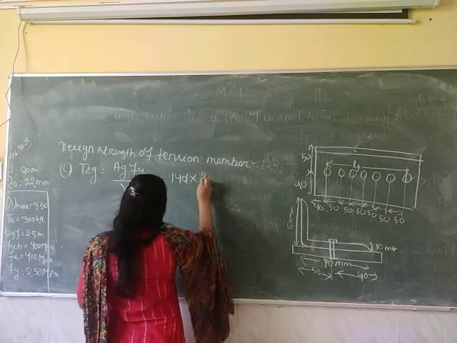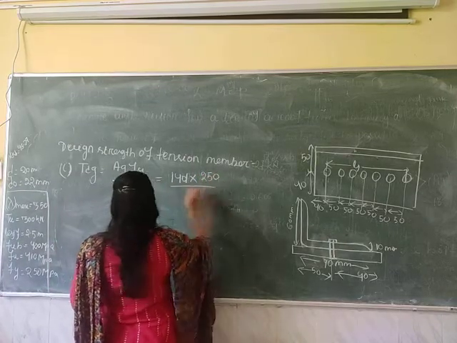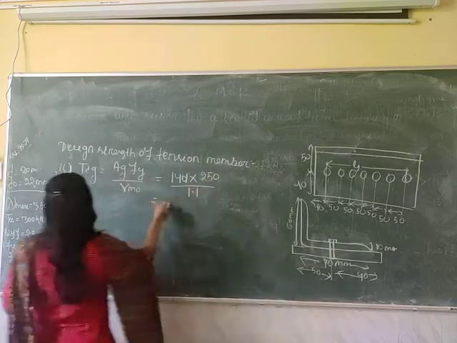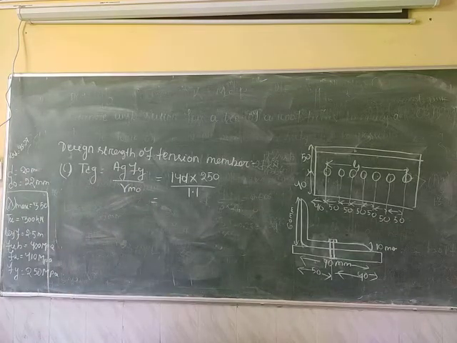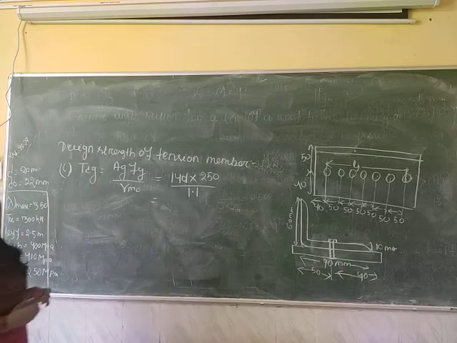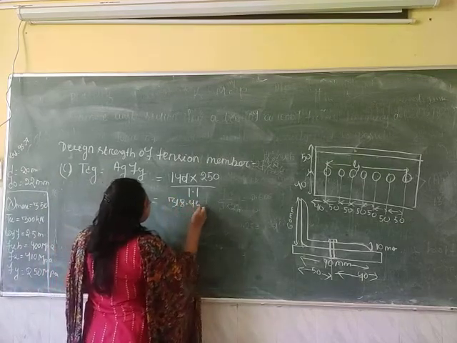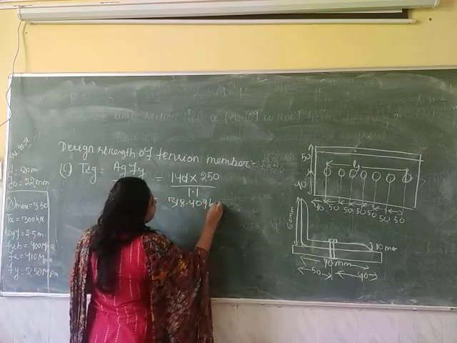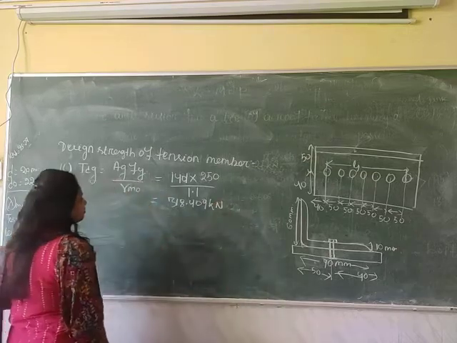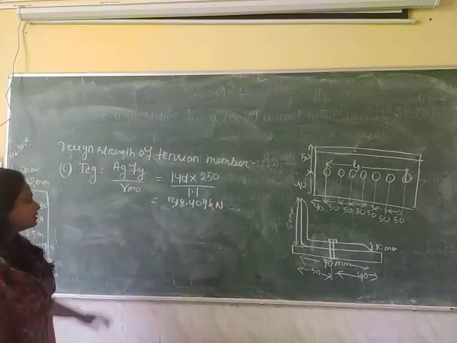Then Fy is 250 megapascals, then gamma m0 is 1.1. So this is coming to 318.409 kilonewton. This value will come in Newton, then write this in kilonewton.